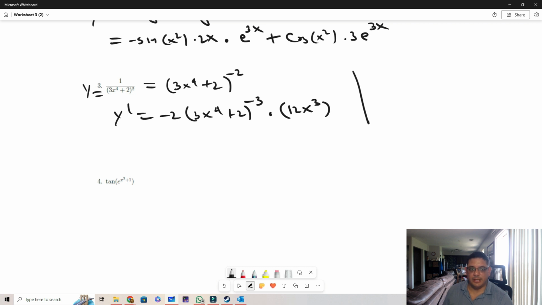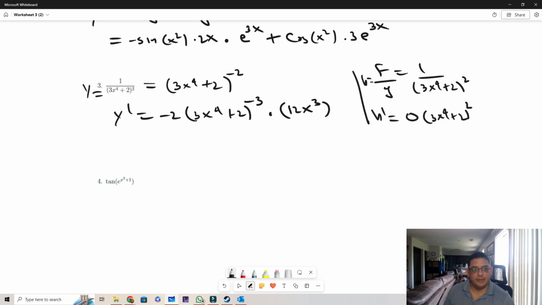If you're going to do it by thinking of it as a quotient rule, then you've got to rearrange things a little bit more. So if this is h, let's say f over g, then h prime will be f prime, which will be 0 times 3x to the 4 plus 2 squared, right?